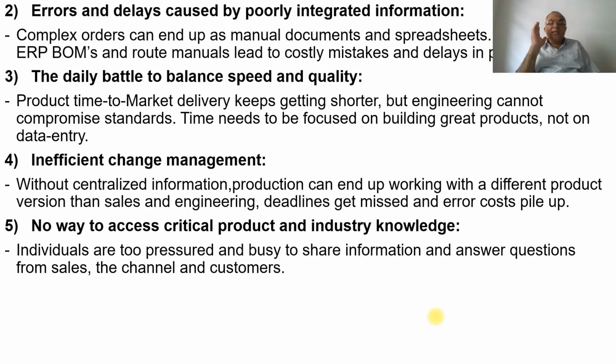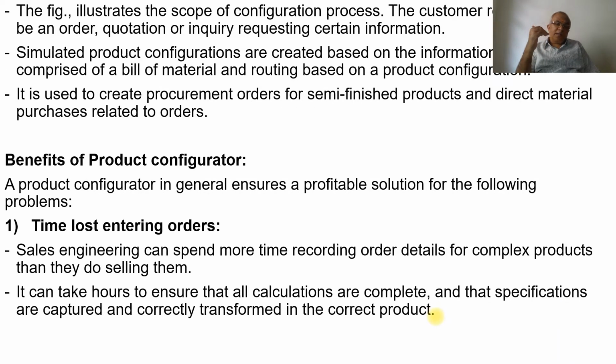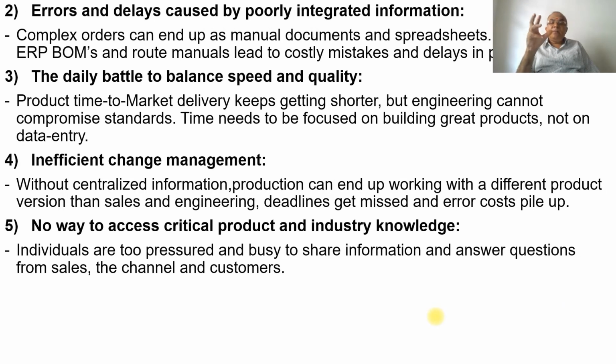No way to access critical product and industry knowledge. Individuals are too pressured and busy to share information and answer questions from sales, the channel, and customers. So that means if there is no proper product configurator data, they may end up having to give the information to the sales department, the channels, and the customers, and we spend a lot of time doing that.